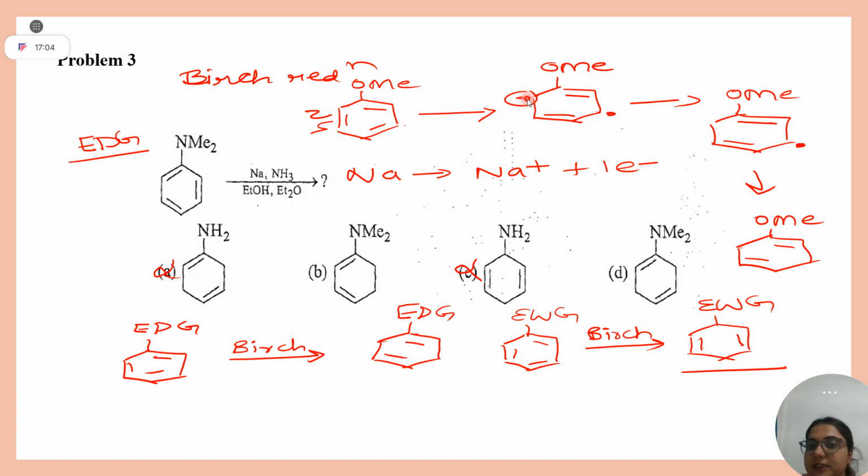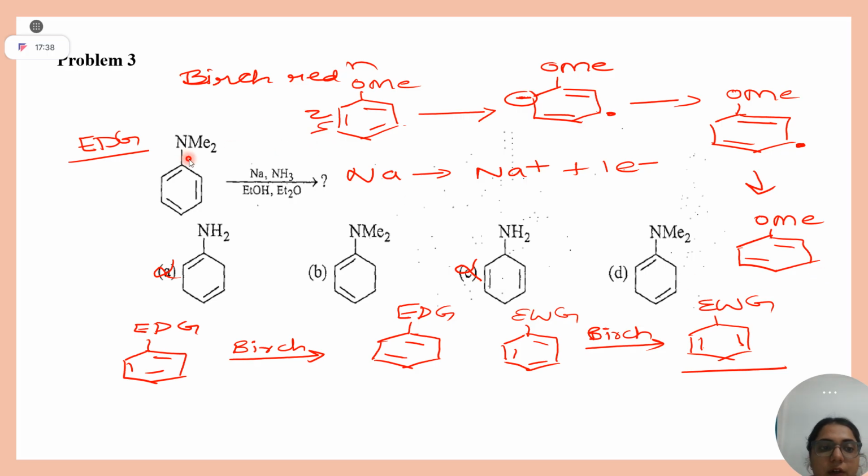One electron pair has two radicals, yes or no? And another radical formed here goes via resonance to the 1,4 position, right? At last this negative charge is quenched by a protic solvent such as ethanol. Again, this will take one more electron and become a carbanion here, and that will be quenched by ethanol, and you will get this reduced system in Birch reduction.